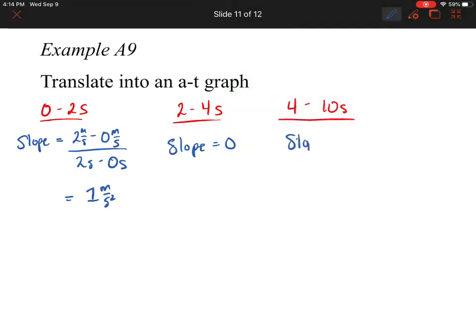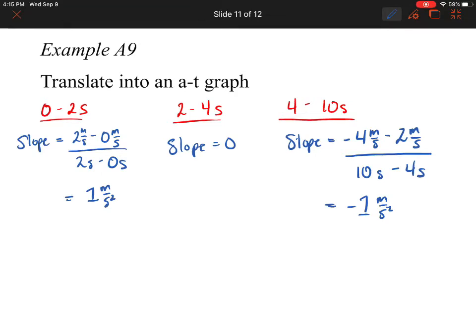Change in y would be -4 meters per second minus 2 meters per second. And my change in x was 10 seconds minus 4 seconds. What is that? -4 minus 2 is going to be -6, okay? And 10 minus 4 is also 6, so it's -6 divided by 6, and that is -1 meters per second squared.